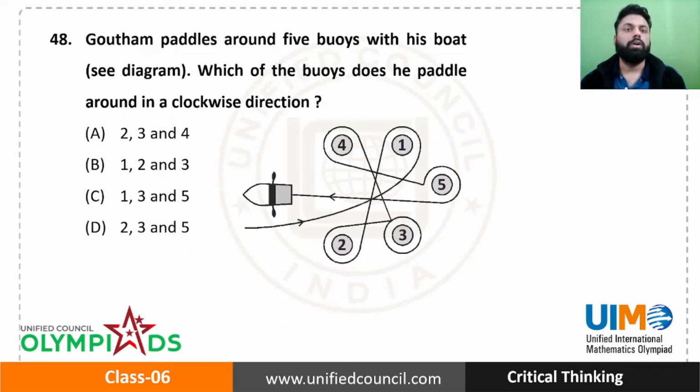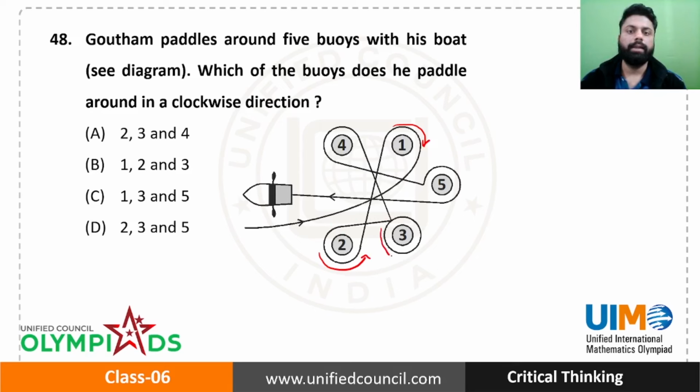Next one. Gautam paddles around five buoys with his boat. See the diagram. Which of the buoys does he paddle around in clockwise direction? So see, the boat is going here, in this direction. It is getting stretched from here.